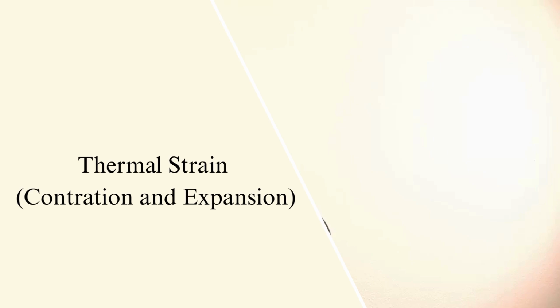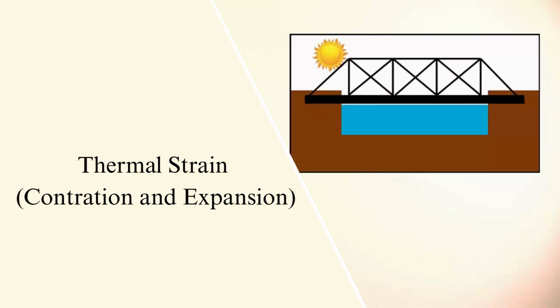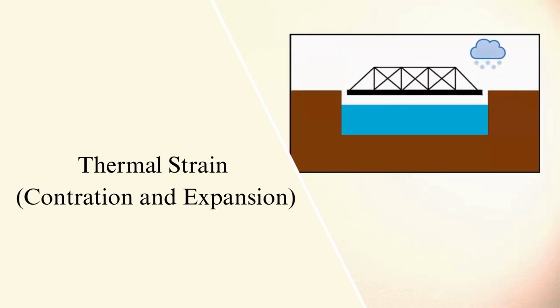Well, the reality is most engineering structures are not entirely free to expand or contract. Take, for instance, this hypothetical bridge built between the banks of a river. Due to seasonal changes in temperature, the bridge will want to expand due to the heat of the summer and contract due to the cold of the winter. However, the banks of that river are relatively rigid. They're not going to move.